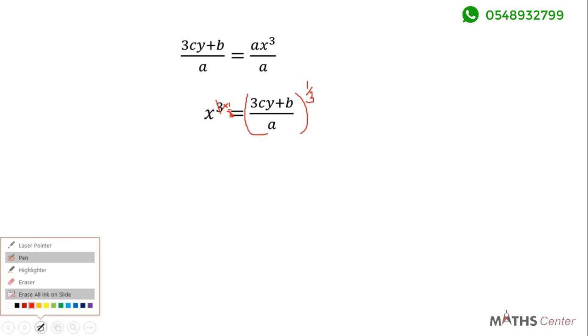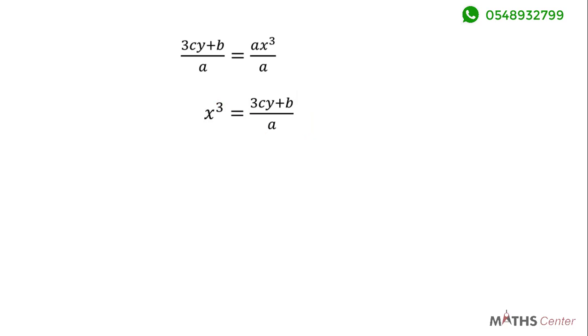We are multiplying this side here by 1 over 3 because this is exponent 3. So if it were exponent 4, we would have multiplied by 1 over 4. If it were exponent 5, we would have multiplied by 1 over 5. And whatever you do to the left hand side, you do the same thing to the right hand side.